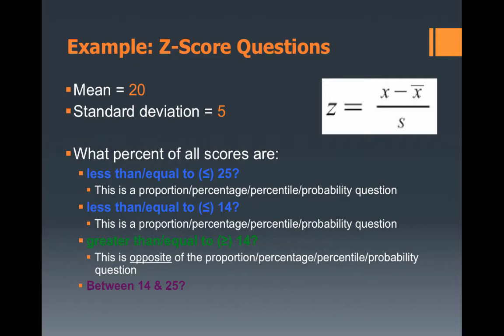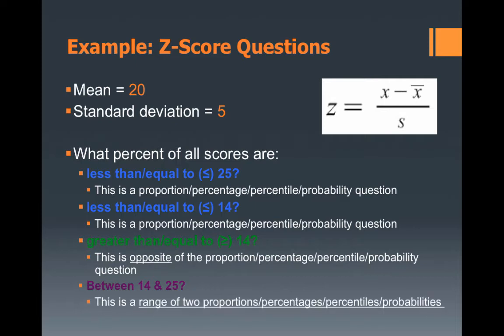For the between 14 and 25, you'll want to find the range between the two percentages. So go ahead and work through the two other questions. The percent of all scores that are greater than or equal to 14, and the percent of scores that are between 14 and 25. Come back to this video when you've worked through these problems.